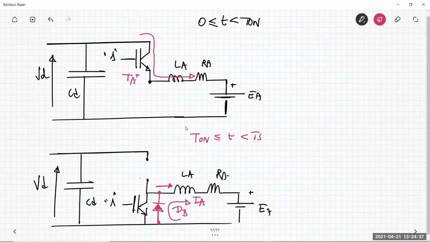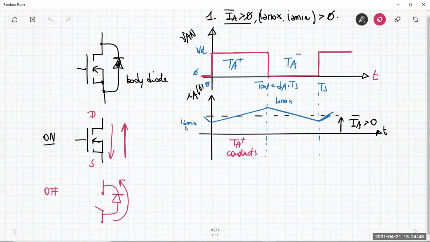DA minus. Sorry, DA minus. So here it is DA minus that conducts the current, and then the situation repeats itself with the same device.